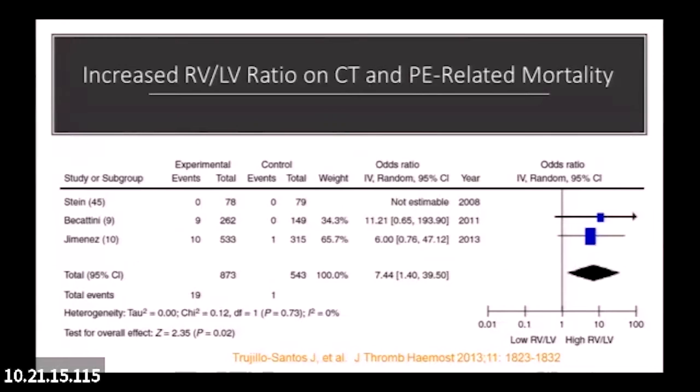There are many trials looking into the relationship between the RV-LV ratio and PE-related mortality. The meta-analysis shows that a high RV-LV ratio is significantly related to PE-related mortality. The cutoff from the literature is 0.9. So anywhere the RV-LV ratio is more than 0.9, it is a high-risk feature for a PE patient.